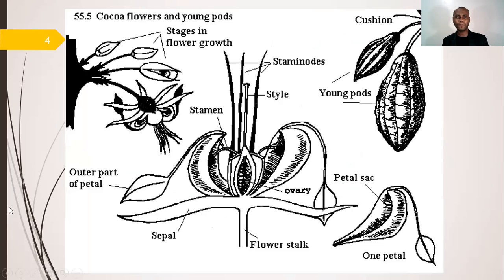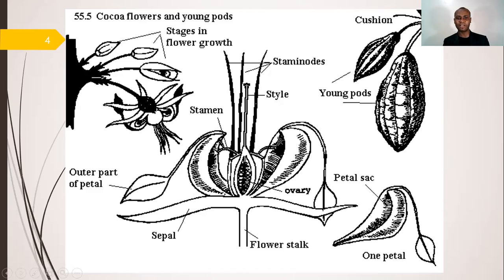So like I mentioned earlier, the pollen grains are from the male, the male is here, and this is the female.